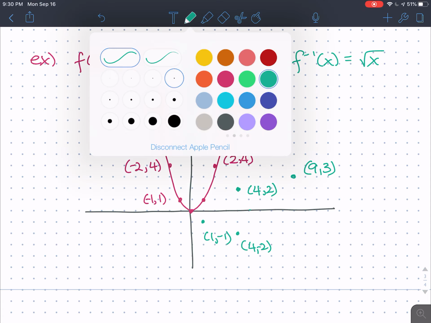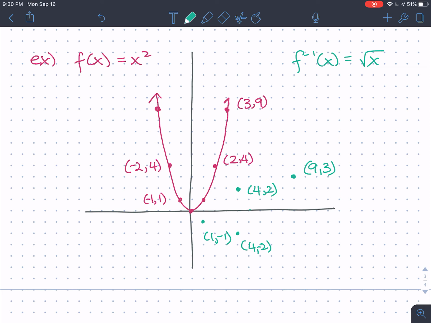And then likewise, we have the point 3, 9, or negative 3, 9, which is going to go to 9, negative 3. And we have this new graph here. And so we have its inverse. Or wait a minute.